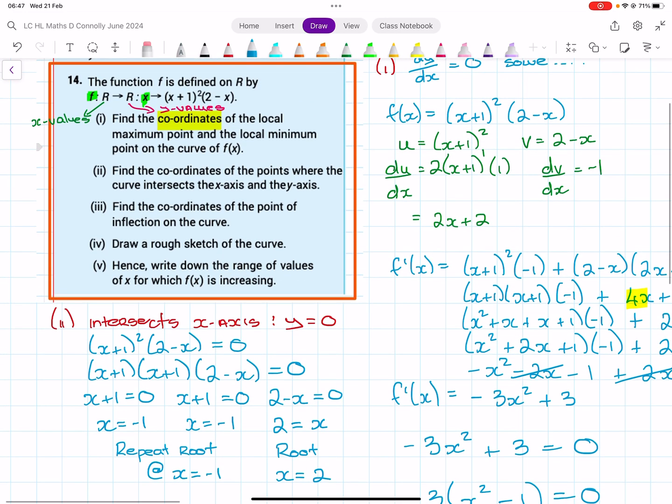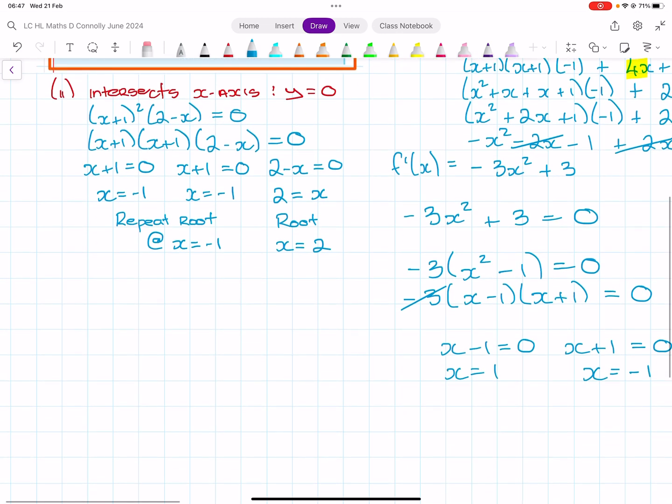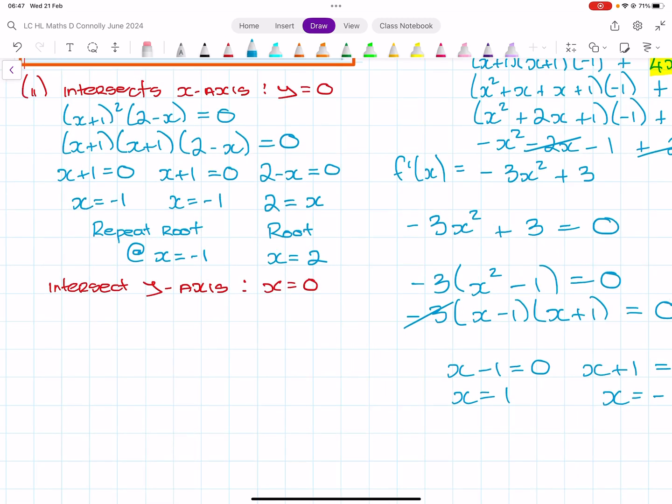So that's where it's going to cross or intersect the x-axis, and then the y-axis. We let x equal 0. It should be a lot easier. So y equals 0 plus 1 squared times 2 minus 0.